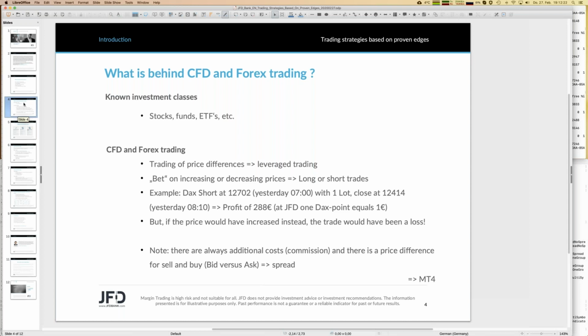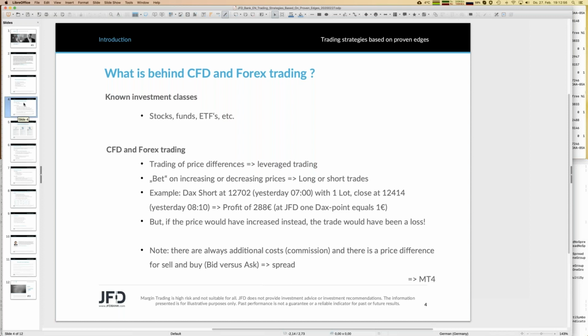Be always careful. There are different brokers, and others, they have other pricings. So the point value is not always the same for different brokers. Just keep it in mind. Honestly, the trade is not already perfect, because one thing you have to keep in mind, of course, it's lucky that we would have earned 288 euros just in a little bit more than one hour.